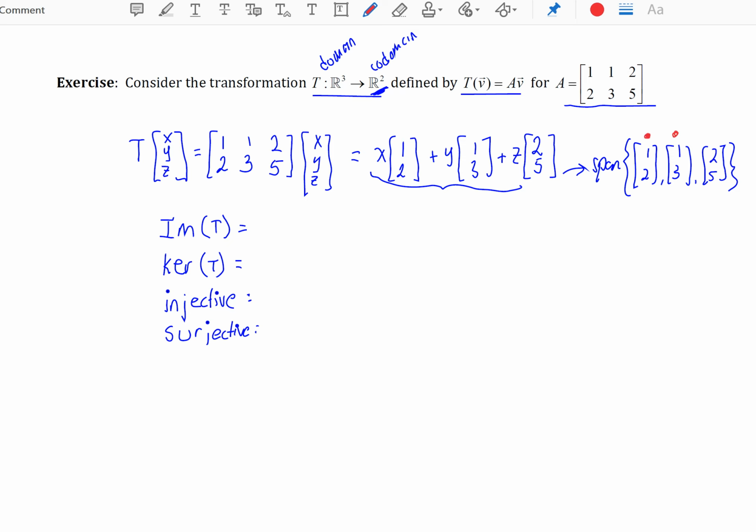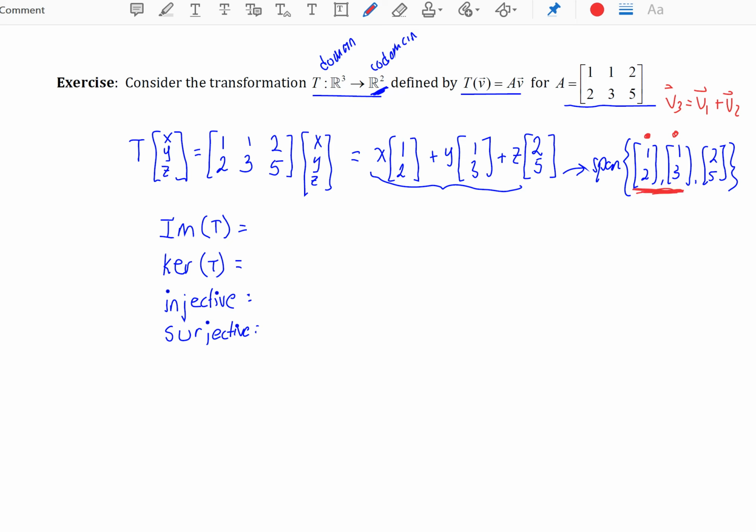And you want to say no, (1, 3) is not a multiple of (1, 2). However, the third vector is a linear combination of the first two. Technically, you could say v3 is equal to v1 plus v2. So the third vector is not linearly independent. But we do have two linearly independent vectors.